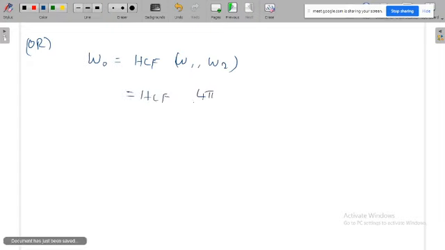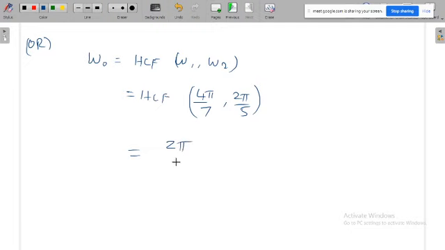Omega naught is equal to the HCF of omega 1 comma omega 2, that is the HCF of 4 pi by 7 comma 2 pi by 5. If you take the HCF in the numerator, that is 2 pi. What is the HCF in the denominator?